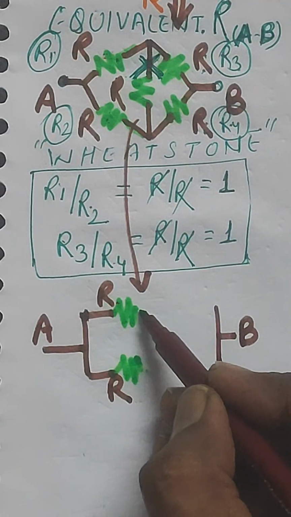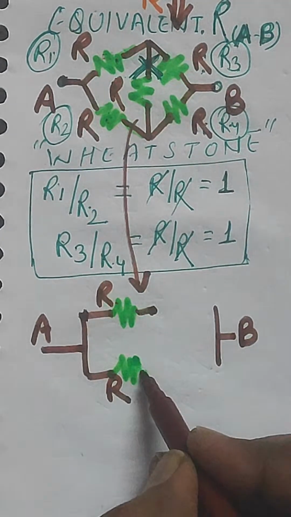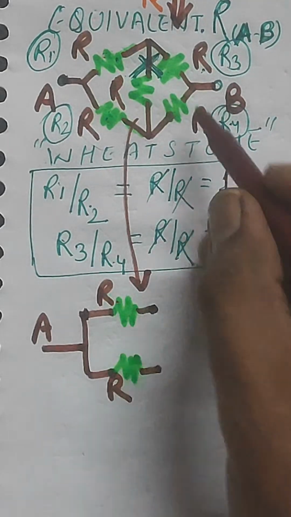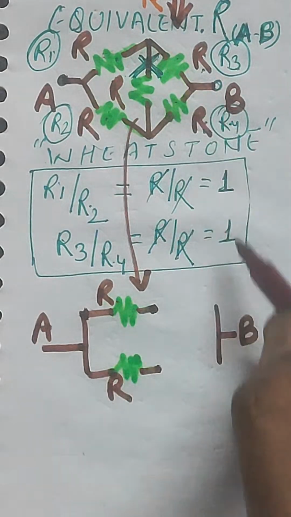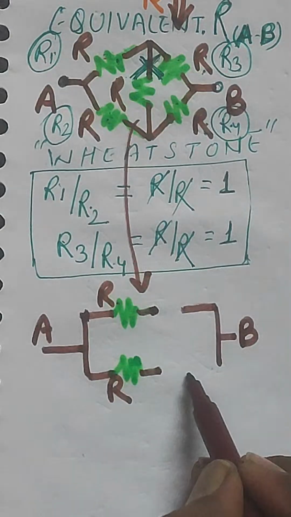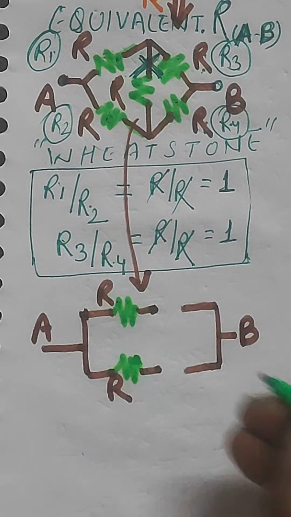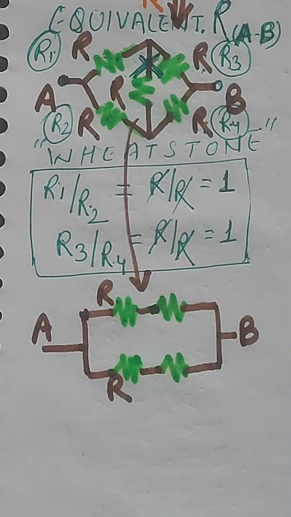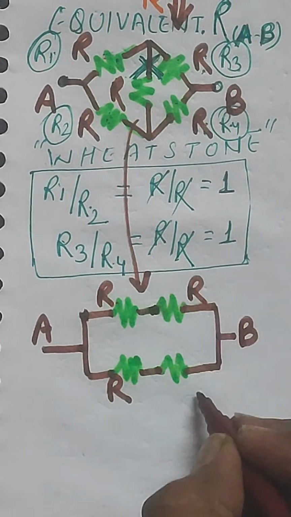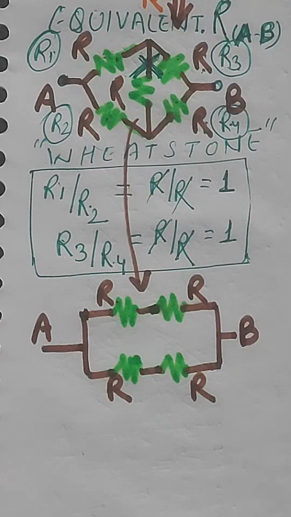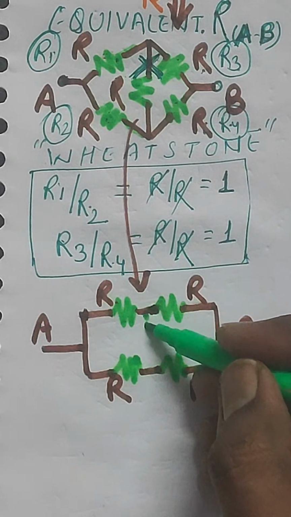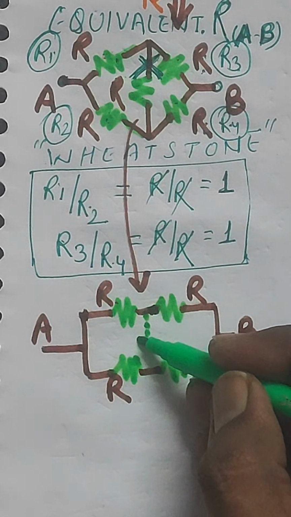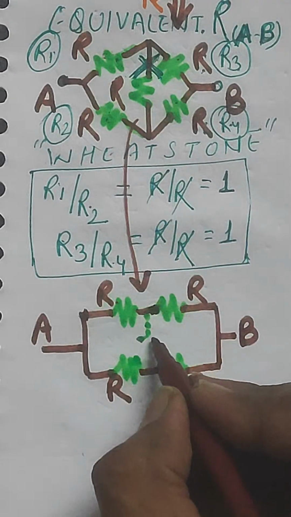Then we have these two R's connected in a similar fashion from B. So this will be like this. And there was a central line through which an R was connected here.